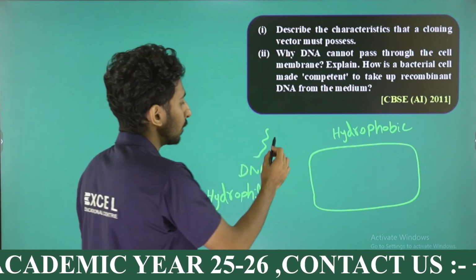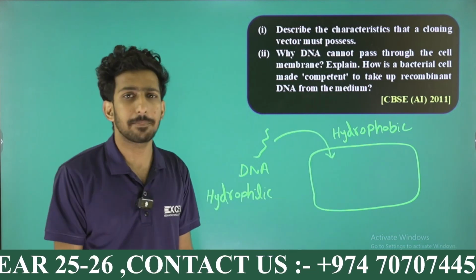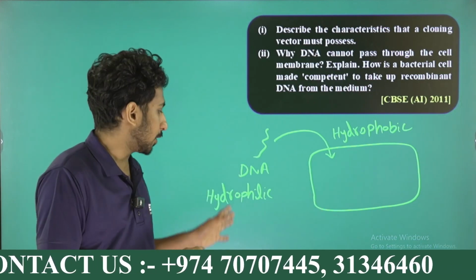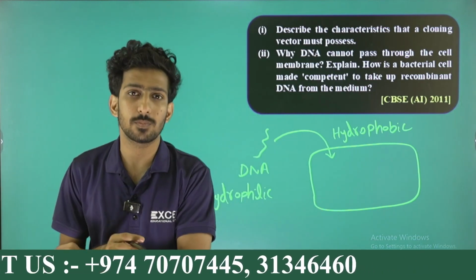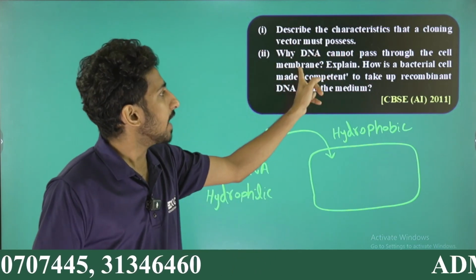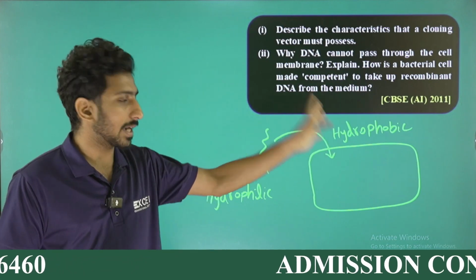This hydrophilic DNA cannot pass through the hydrophobic membrane, or the hydrophobic membrane will not allow any hydrophilic substance to pass through. Got it? That's the answer. Why can DNA not pass through the membrane? Because DNA is hydrophilic and the membrane is hydrophobic.